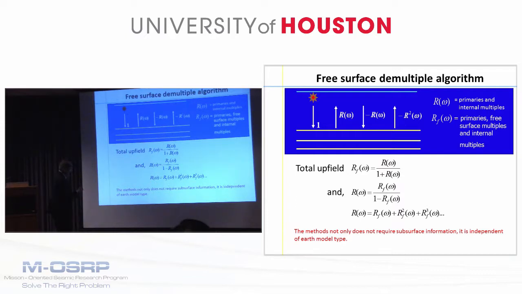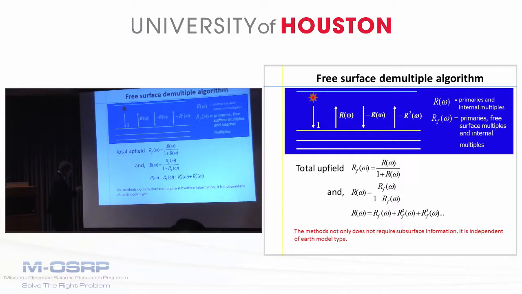In other words, the convolutional model says if one goes down and produces R of omega, then if A of omega goes down, it produces A of omega times R of omega coming up. Yes? The convolutional model.